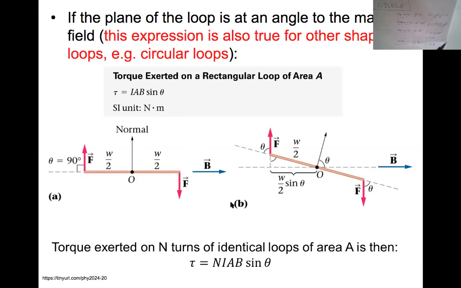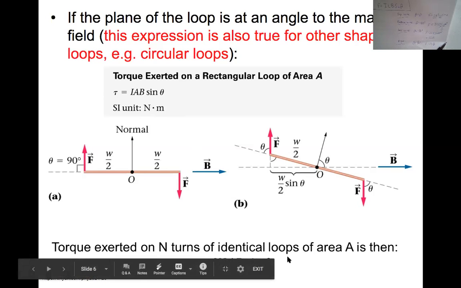Now, more often you have many identical loops arranged one after another, with the same current going through all these loops. So more often, there will be n turns of identical loops of the same area A. Then the overall torque for the n turns of identical loops is given by the equation at the bottom of the slide.